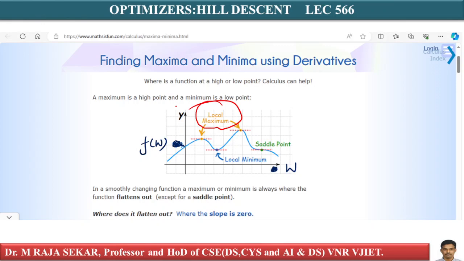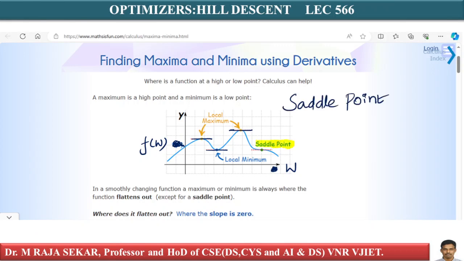If you draw the tangent here, this tangent is parallel to the w axis, hence you have local minima. Just see, this one is your local minima, and you have local maxima, isn't it? So at minima and maxima, the slope of your loss function with respect to w is equal to 0, isn't it?